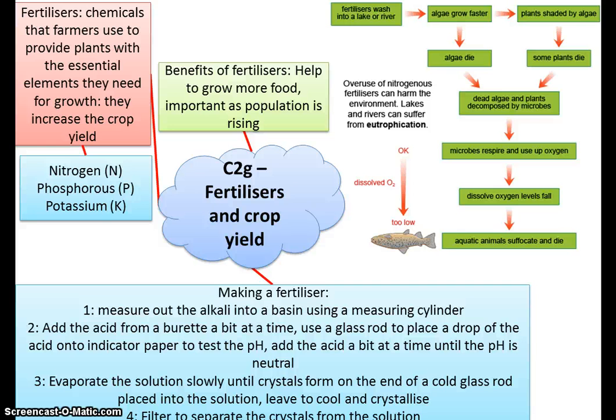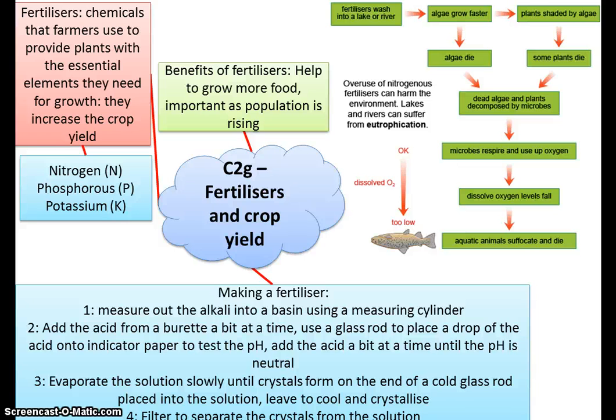Now the next part of this topic is looking at how to actually make a fertiliser. I'll talk to you about a fertiliser being made by a reaction that produces a neutral substance. If you think about it, when you're making a neutral substance, what you're doing is adding an acid and an alkali, and if you add them in the right concentrations you will make a neutral solution.